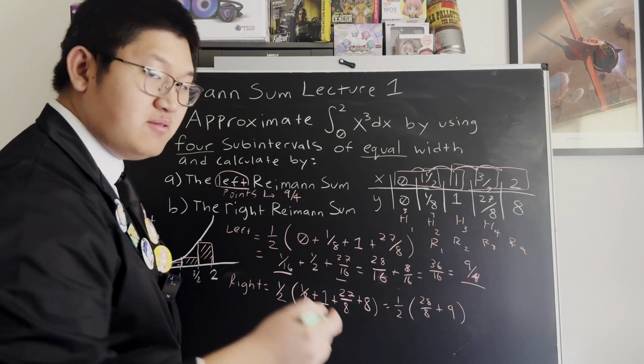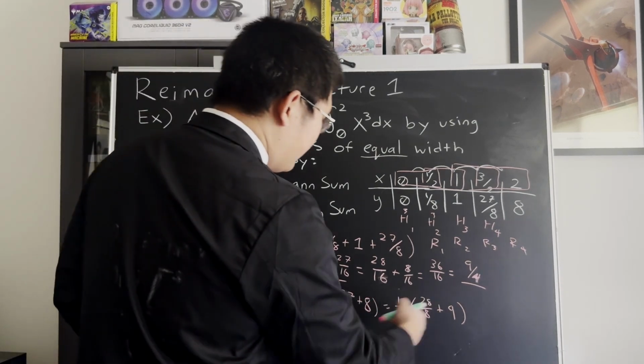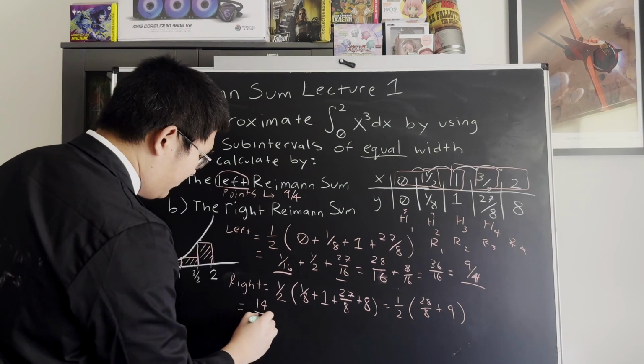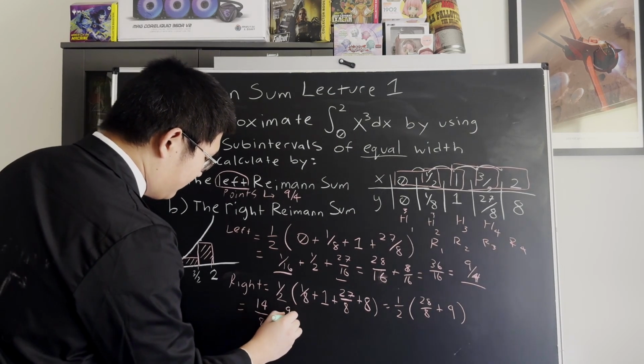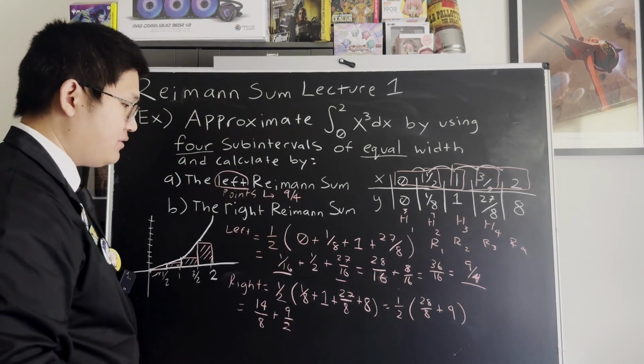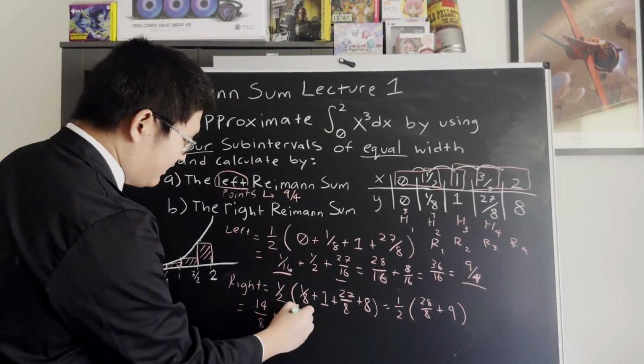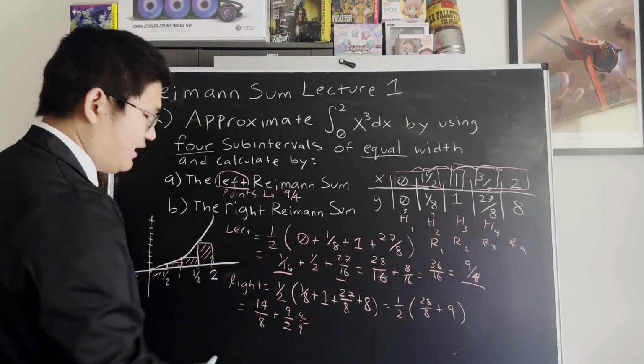Okay, then we can go ahead and start distributing that 1/2 across the board, which makes it 14 over 8 plus 9 over 2. And with that, we can easily match the same denominator for that 9 over 2.